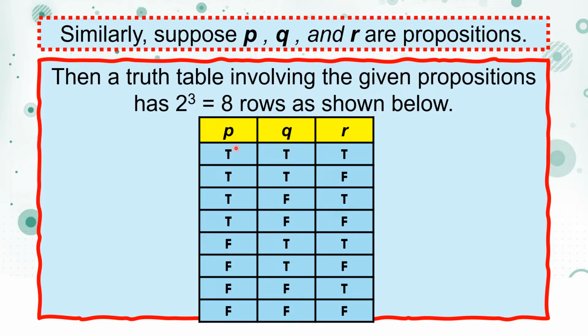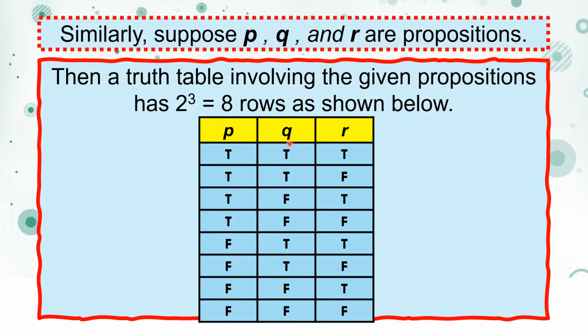So, sa proposition P, 8 divided by 2 is equal to 4. So, isulat natin 4 na true. So, we have true, true, true, true. At 4 na false. False, false, false, false.